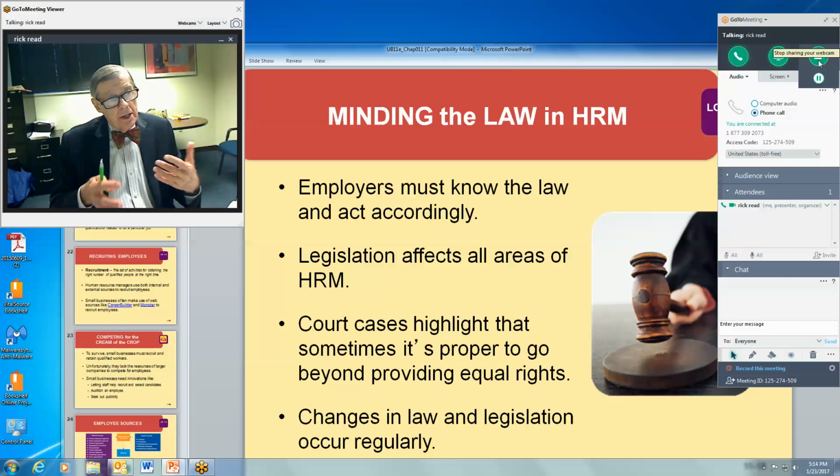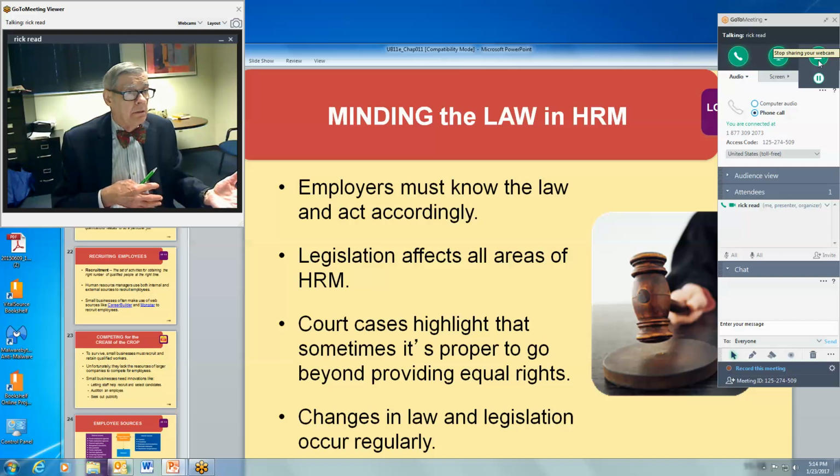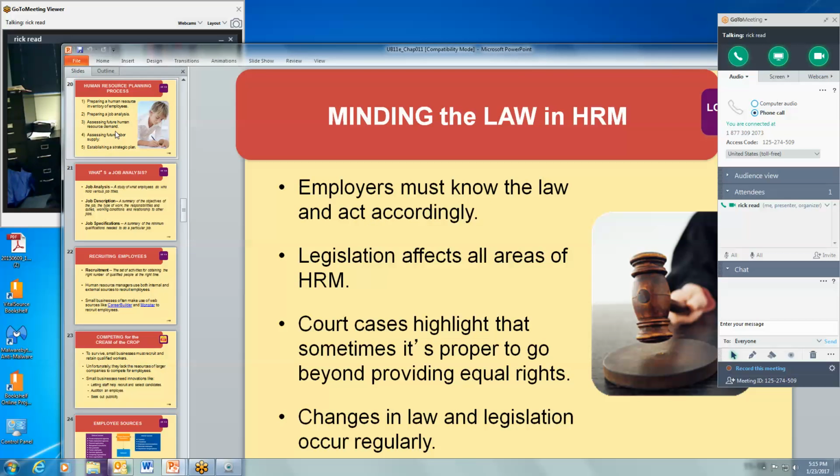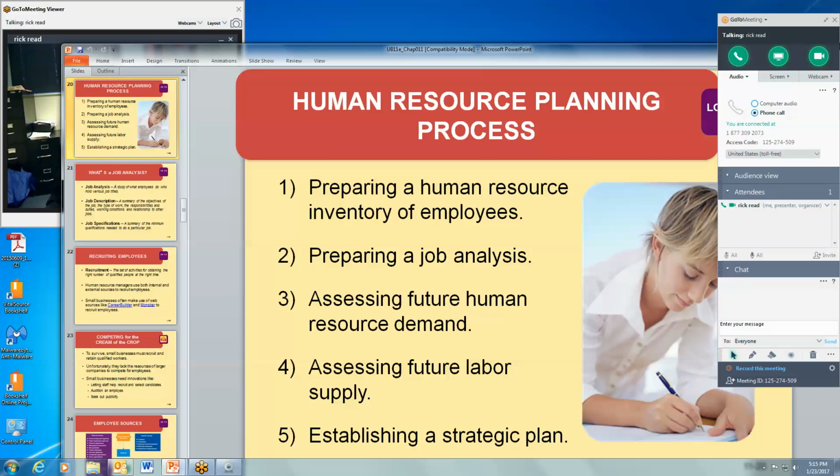Some laws apply to you because of the number of employees that you have, and some will not. But you need to find out where you are, because you don't need to get yourself into a lawsuit. So find that out, get a little legal advice, et cetera. And as the last thing says on the slide, the law changes frequently. So find out what the story is.